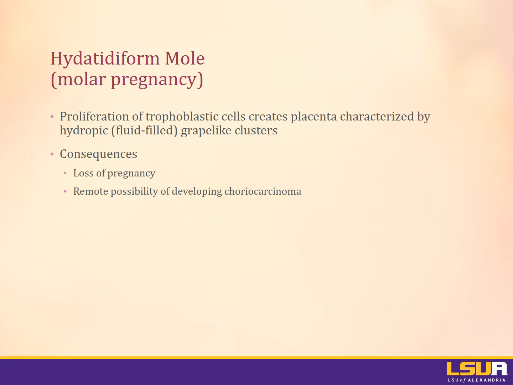This creates placenta characterized by hydropic or fluid-filled grape-like clusters. Its consequences are a loss of pregnancy and a remote possibility of developing a choriocarcinoma, which is a type of cancer.